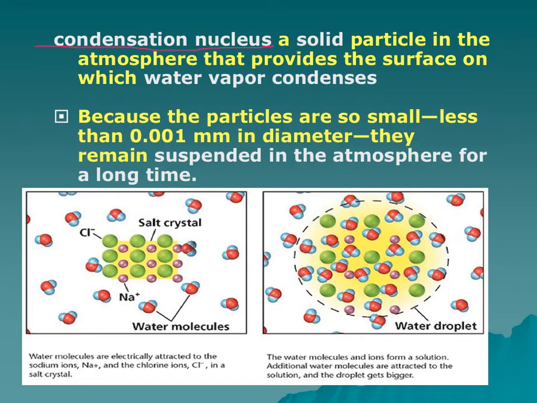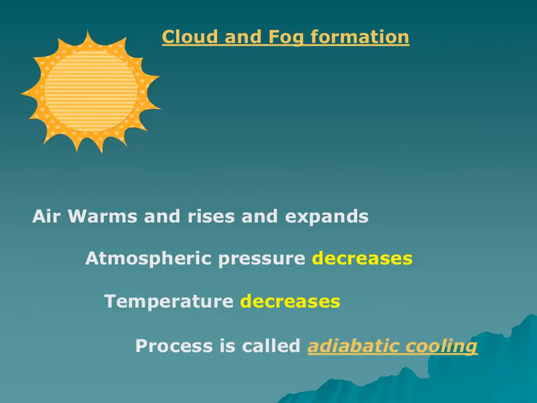Without that salt crystal there, the water molecules would just be floating around in space, like the left-hand picture. Here it gathers them in a clump, and that forms a little tiny water droplet. So that's the main way clouds form: the water condenses or crystallizes around these solid particles.